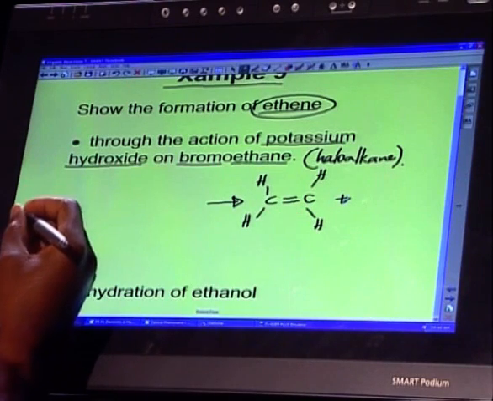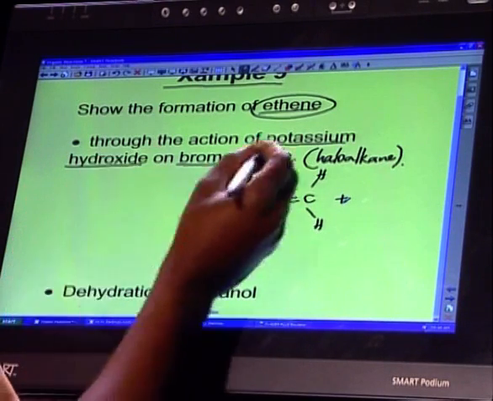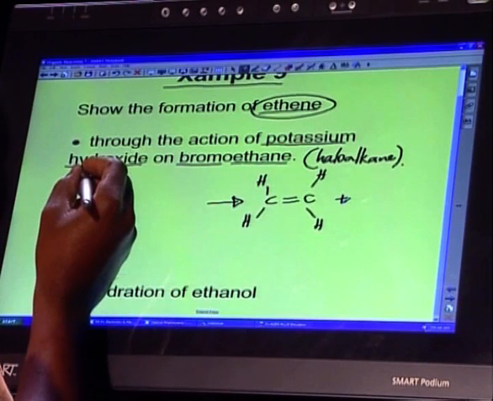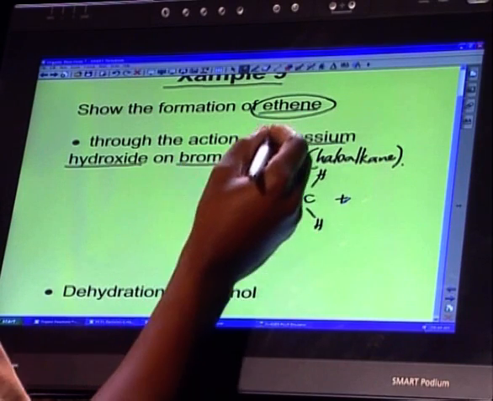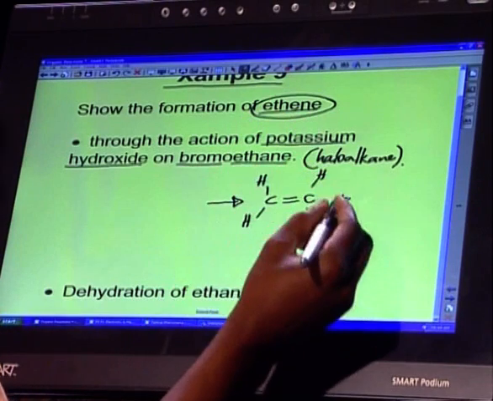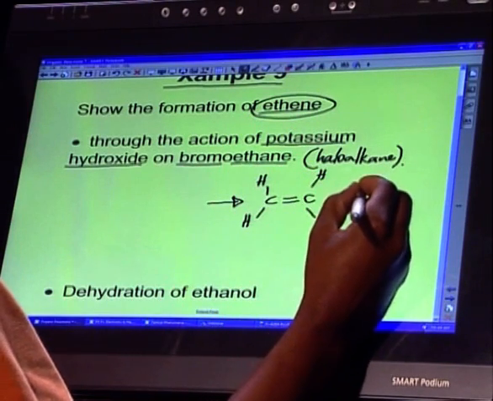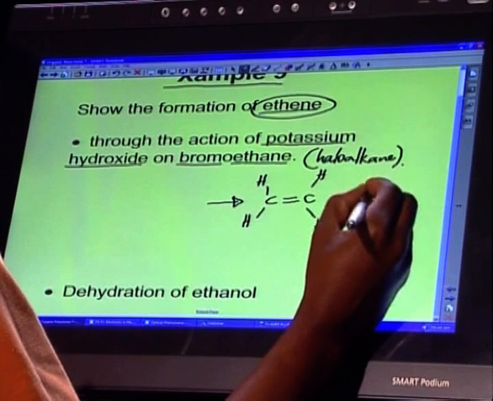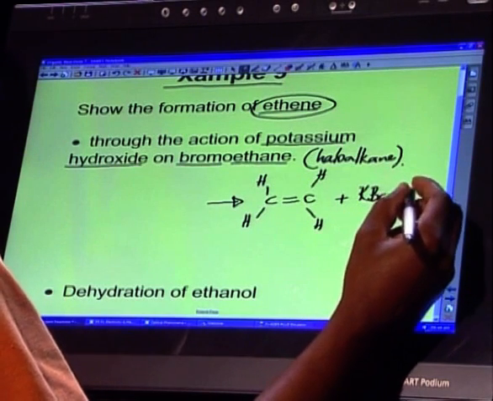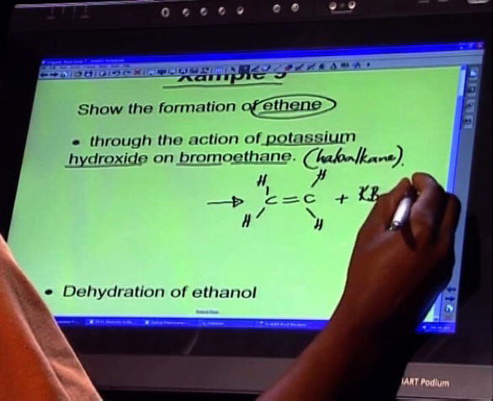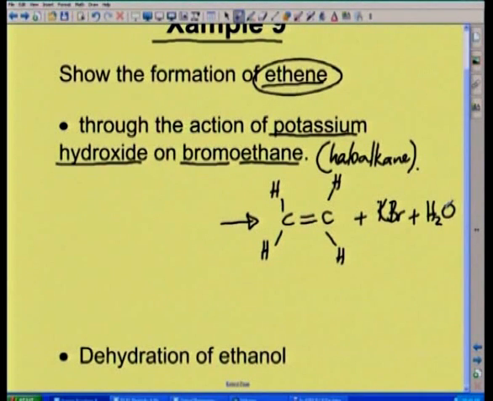If this reaction is a reaction between potassium hydroxide and bromoethane, and I end up with ethene, it means I am going to have something like potassium bromide formed, and I'm also going to have water also being formed. Okay, so this is what I'm going to see happening.